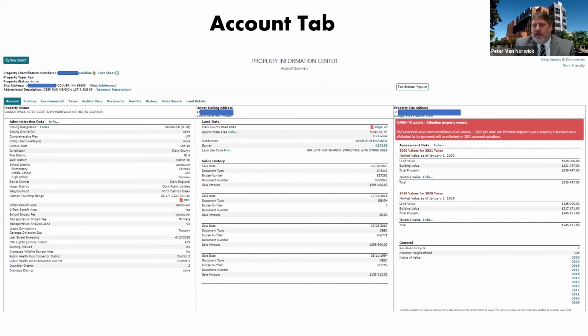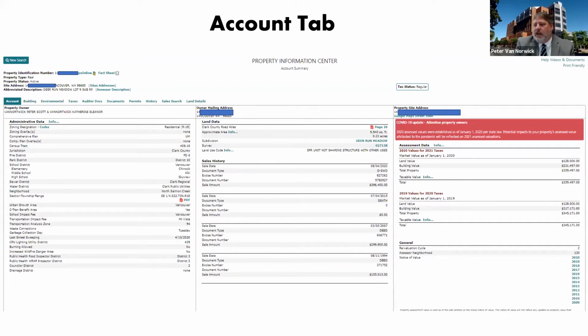For example, if you have a 5-acre parcel and then you divide it up into a number of parcels, that parent parcel goes away, but it still remains in our system, and it would have a different status. And then of course we have the abbreviated property description.